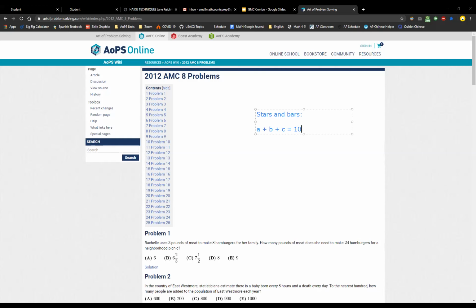No, let's have that. Then a, b, c are positive integers, and we want to count how many possibilities there are for a, b, c. So we're gonna go through this more, but this is stars and bars, and it just counts how many possibilities there are.